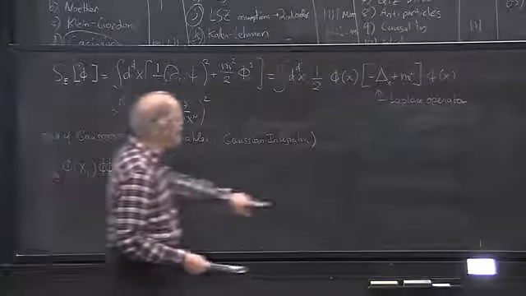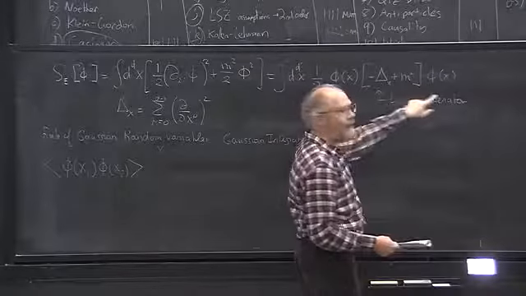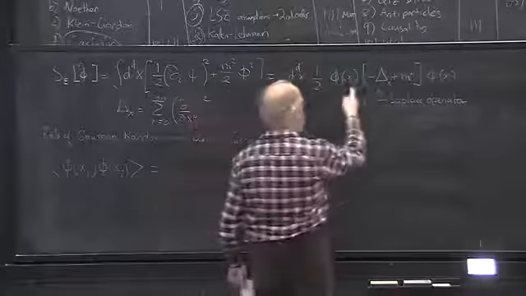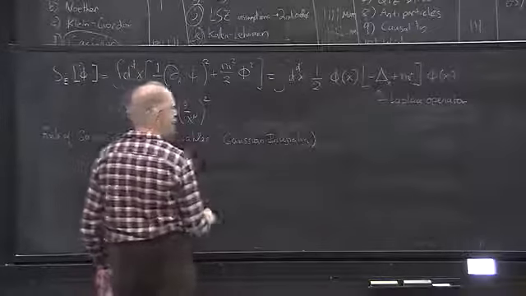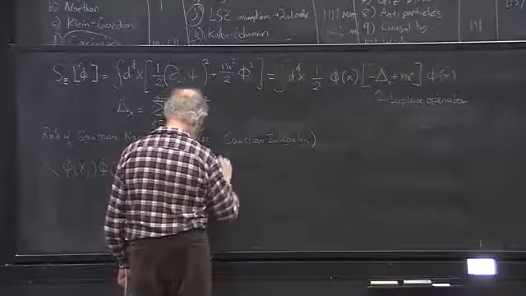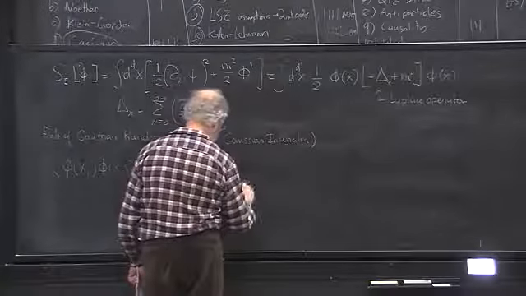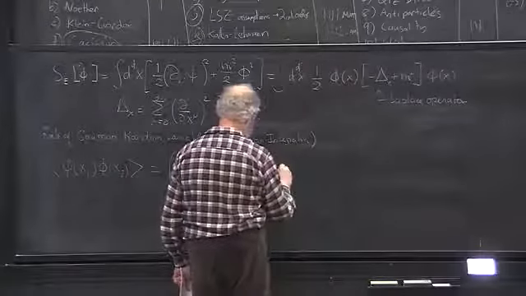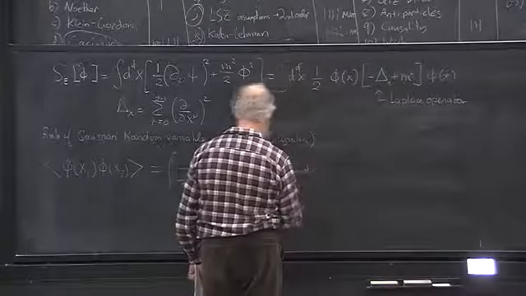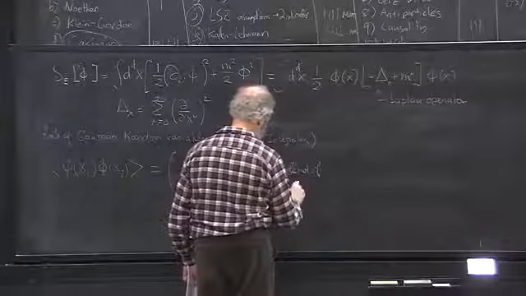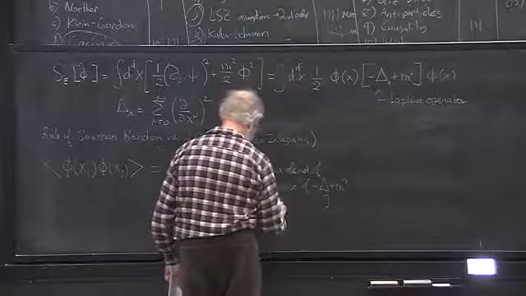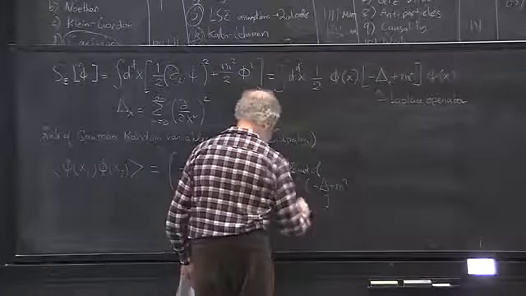It's given by the variance of this quadratic form. So this is given by the matrix element between x1 and x2 of the operator which is the inverse of the quadratic form. This is a matrix element of the inverse of minus delta plus m squared, which is a partial differential operator. Okay.